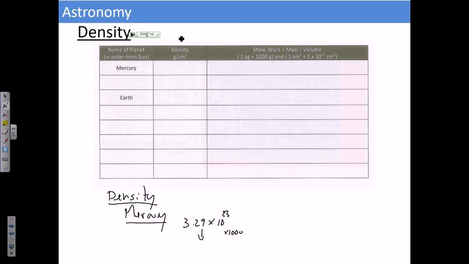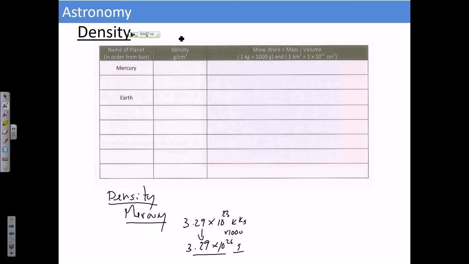Here we end up with a value of 3.29 times 10 to 26, so a pretty big number. But this is going to convert it from kilograms to grams. Okay, so now we got the units we want.